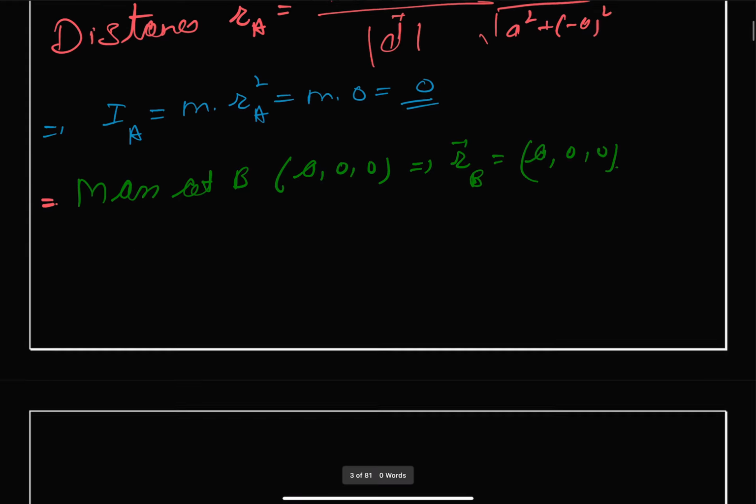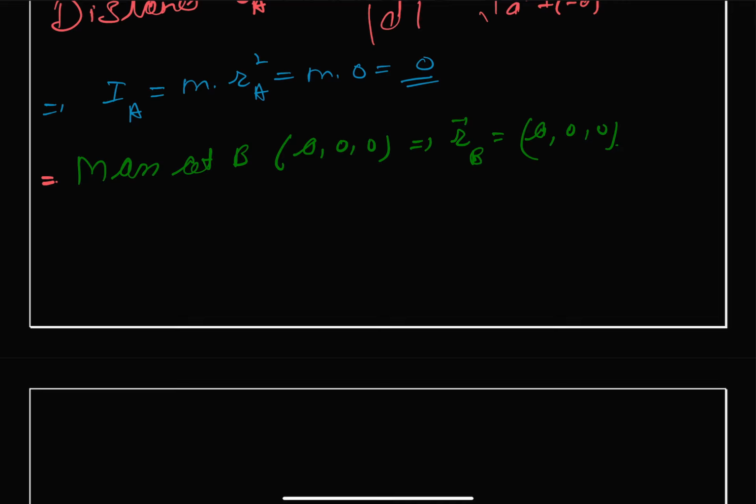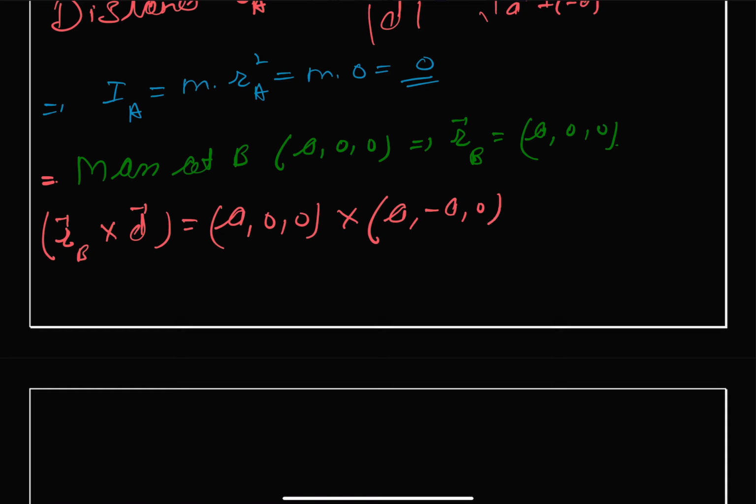Now we come to the cross product, r of B cross d, will be equal to A comma 0 comma 0 cross d, which is A minus A and 0, and this cross product will come as 0 comma 0 minus A square.